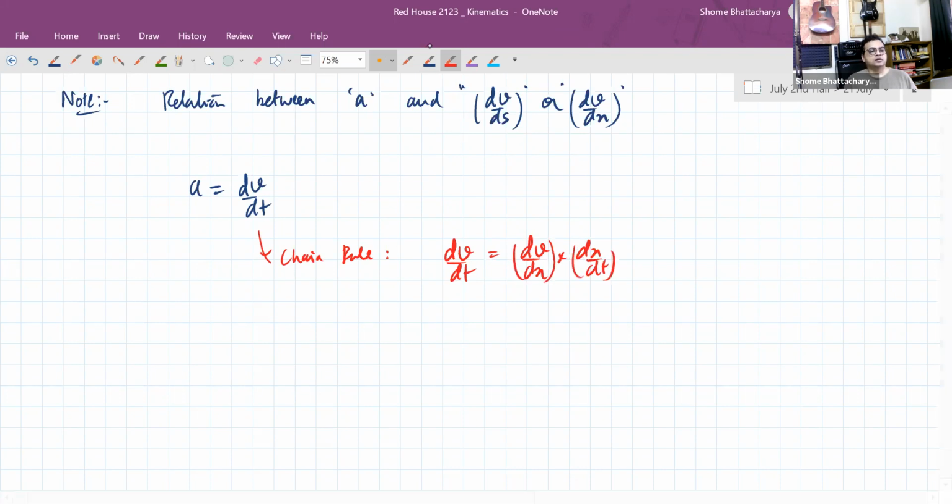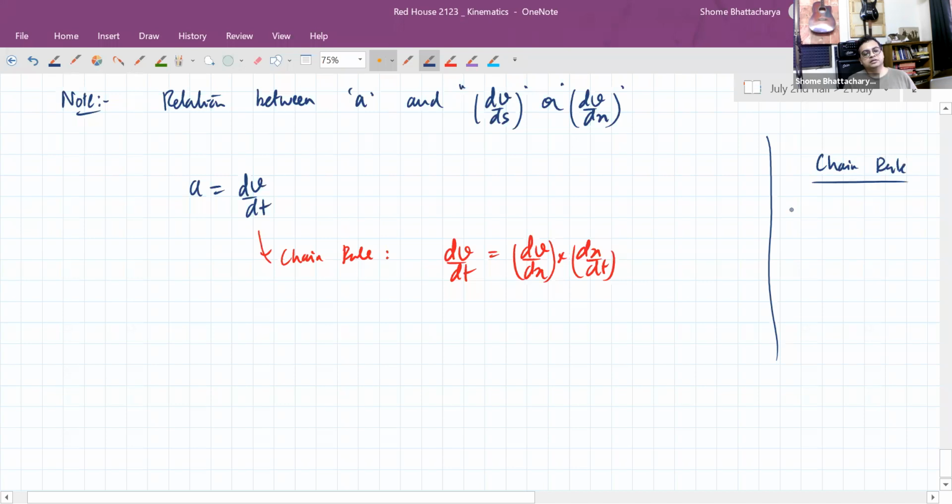This is basically the basic statement of chain rule, that dy by dx can be expressed as rate of change of y with respect to some other variable into rate of change of that variable with respect to x. That is the application over here.